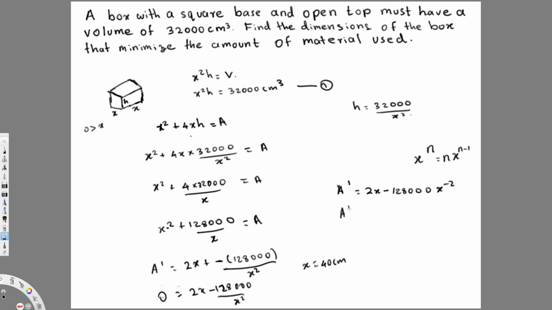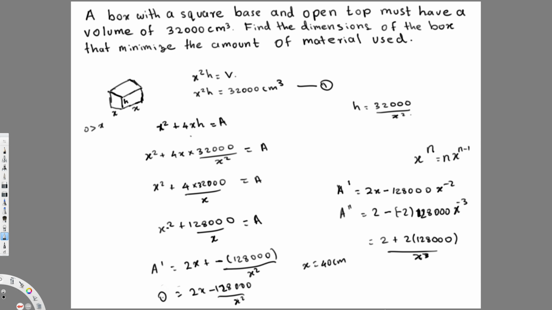It will become 2 minus minus 2 times 128,000 x to the power minus 3, so 2 plus 2 times 128,000 over x cubed.